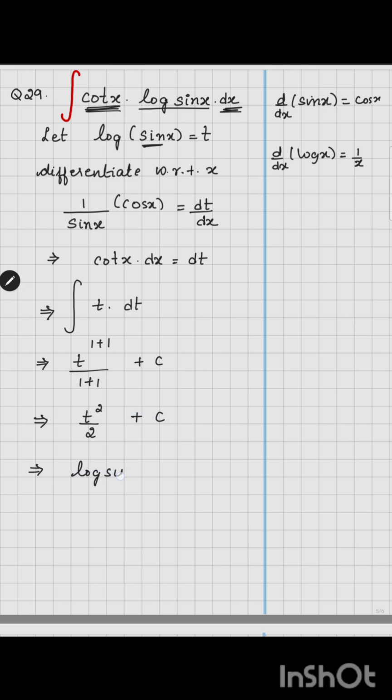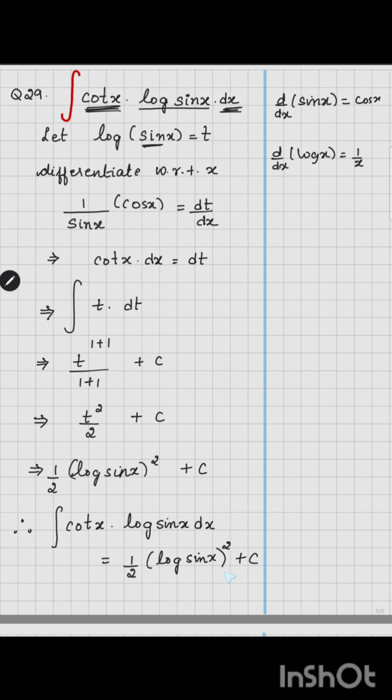That is log sin x, the whole squared. So instead of dividing by 2, I'll write 1 into 1 by 2 plus c. So what is the final solution? Integral of cot x into log sin x with respect to x is equal to 1 by 2 into log of sin x the whole squared plus c. So this is the required integral.